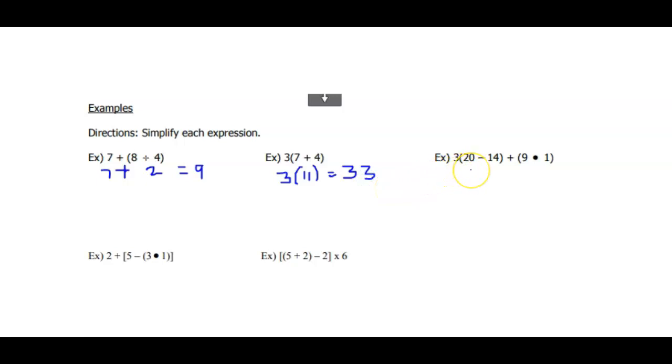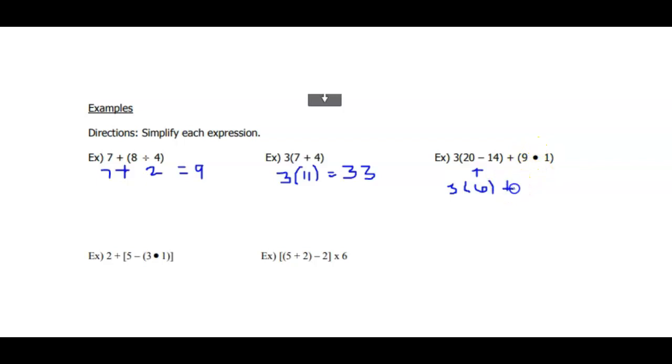All right, let's go to the next one. Ooh, we've got a lot more going on, but again, we're going to work in the parentheses first. So I'm going to take 20 minus 14 first, which is what, guys? 6. So I've got 3 times 6. And then over here, this is multiplication. Don't let that confuse you. That's 9 times 1.